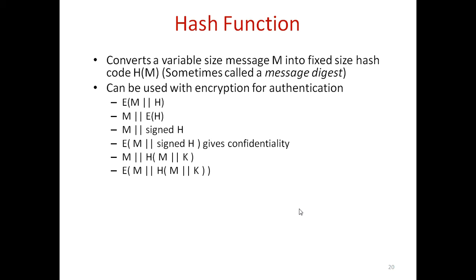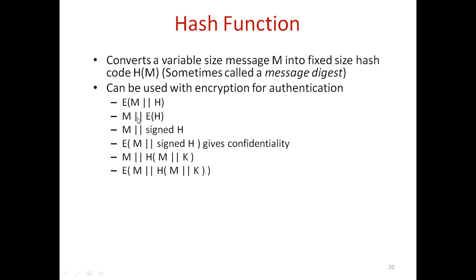Now see the example scenarios of how to use it. Convert the variable size message M into a fixed size hash. Sometimes the hash code is called message digest MD. Digest means compressed data. How do we use this for authentication?